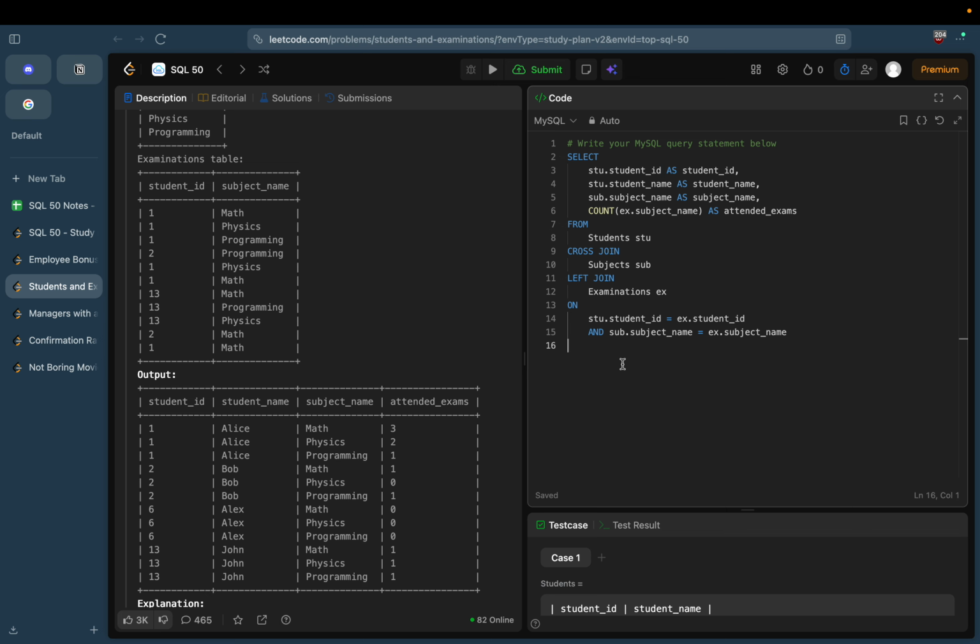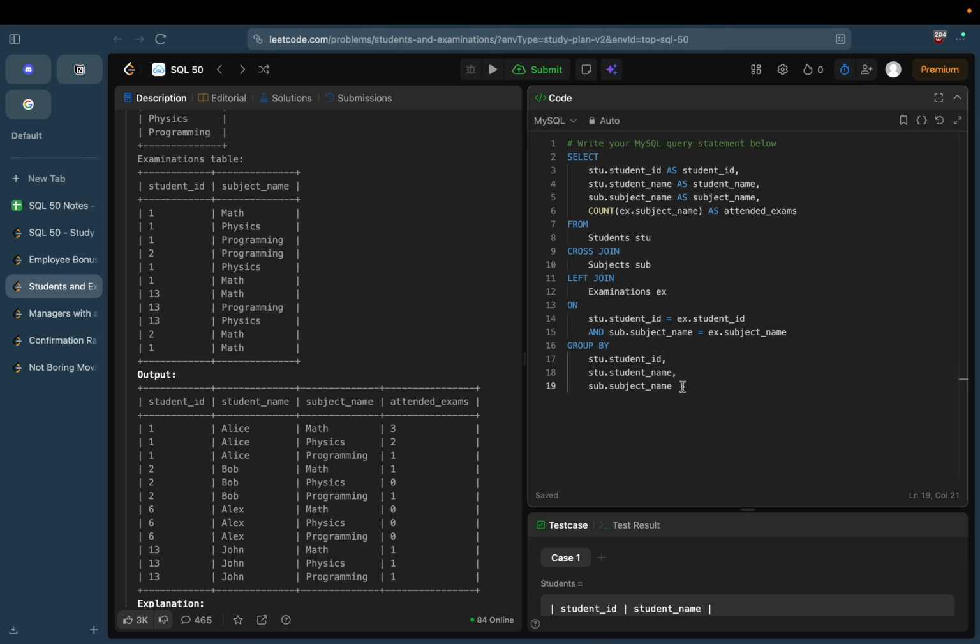Now let me start with group by. First this, picking up this, this. Alright, we have grouped them by these, and hence we'll get the attended exams from the examination table.